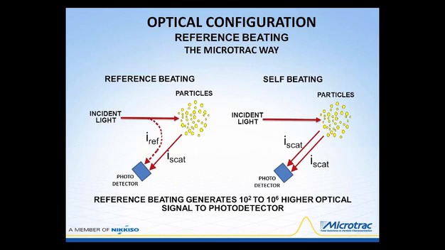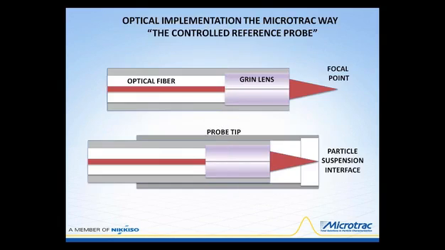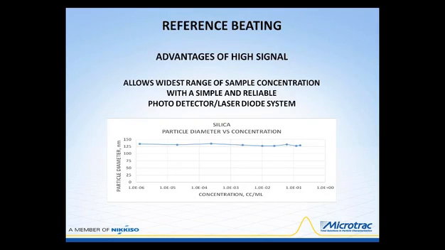Scattered light is usually very low intensity. So if you're doing reference beating, then you're working with a much higher signal, and that leads to a number of advantages.